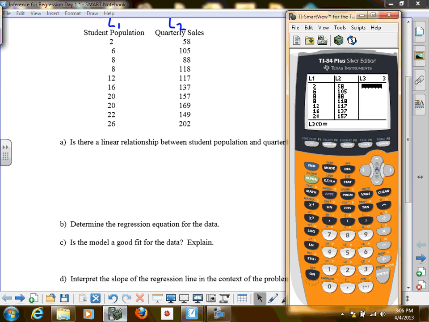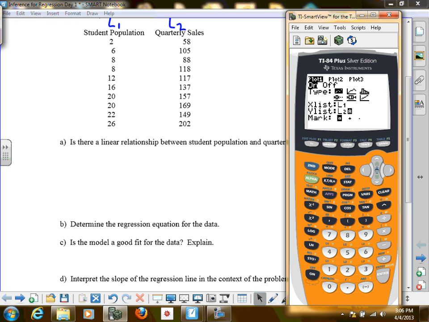So let's remember, how do I look at this data? Okay, turn on your stat plot, so go do that. Stat plot on. And I want to look at a scatter plot of L1 against, what's my y-list? L2, okay?